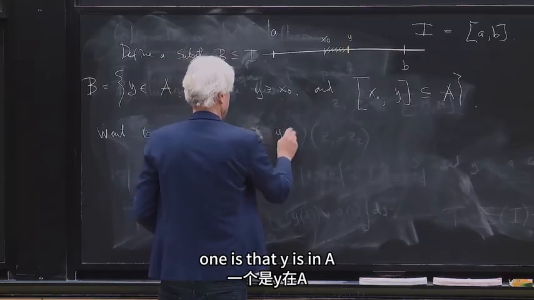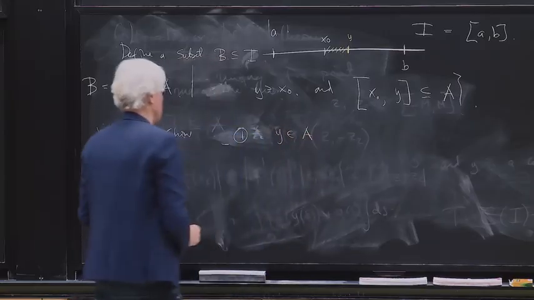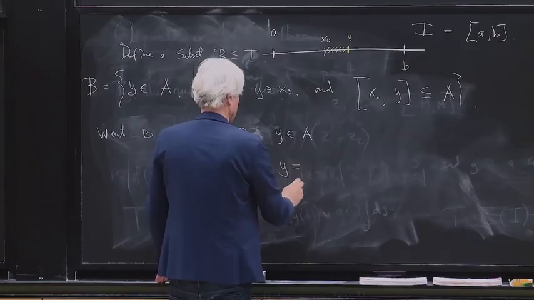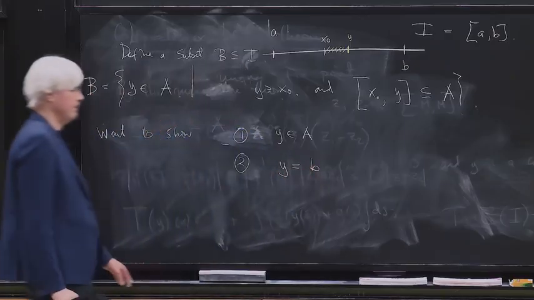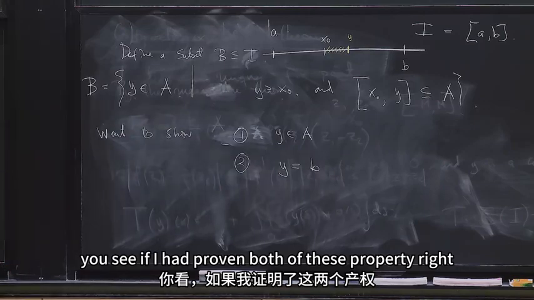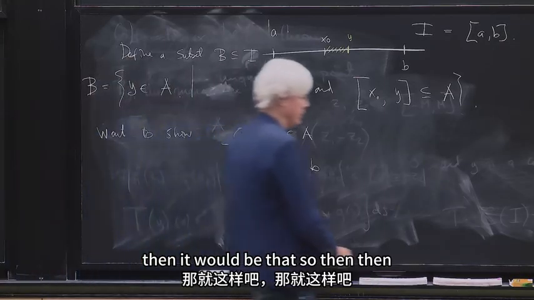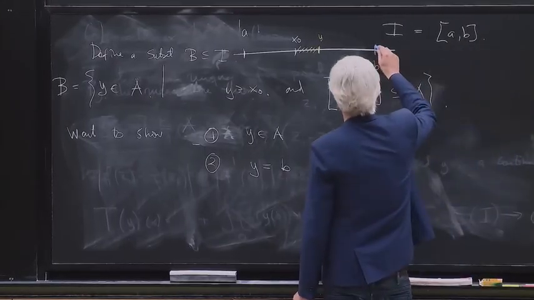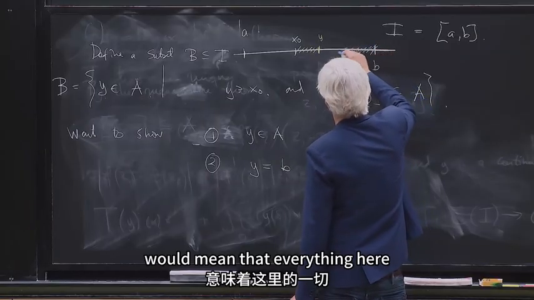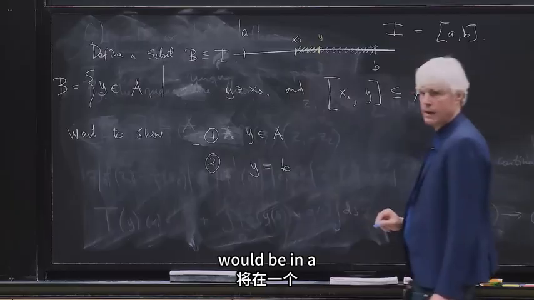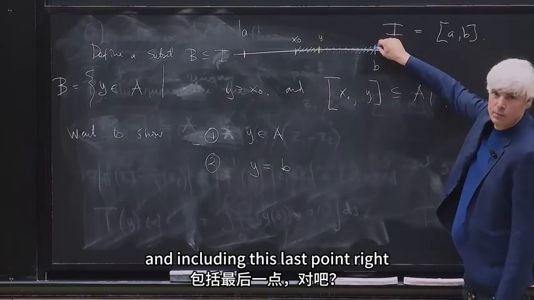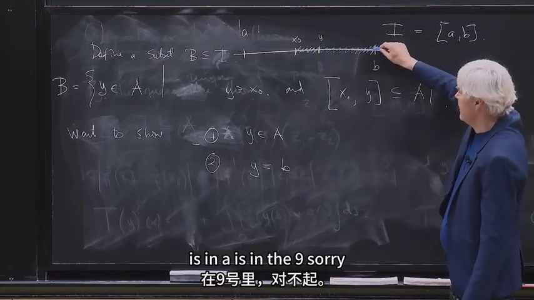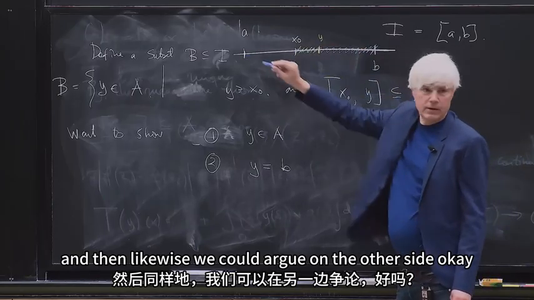One is that y is in A, and then the second thing I want to show is that y is equal to B. You see, if I had proven both of these properties, then it would mean that everything here would be in A, including this last point. And so this means that we have this entire interval is in I, and then likewise we could argue on the other side, okay?